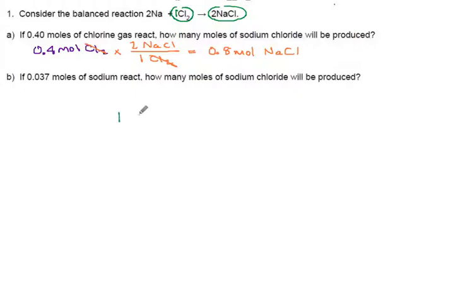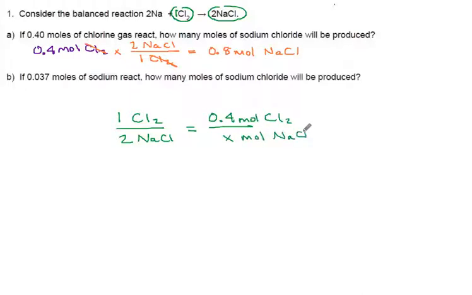So you could say if there's 1 chlorine for every 2 sodium chloride, then you write an equals, and you say we only have 0.4 of a mole of chlorine. So you say 0.4 moles of chlorine. I should write moles, sorry. Let me fix that. 0.4 moles of chlorine would give us X moles of sodium chloride.